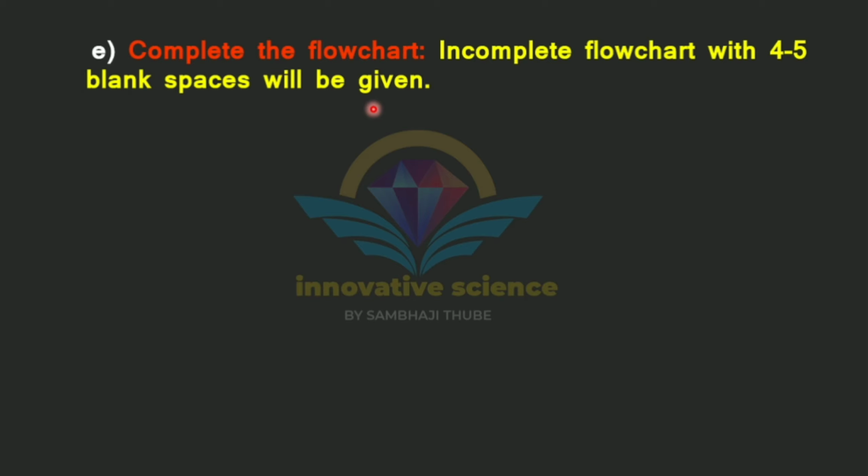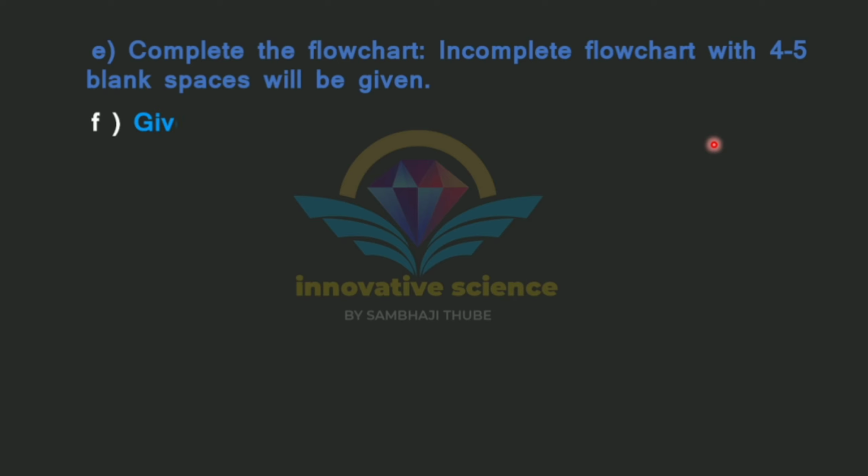They will give you an incomplete table with 4 to 5 blank spaces, and you have to complete that chart properly. Each blank space has half mark. Remember, each blank space has half mark.